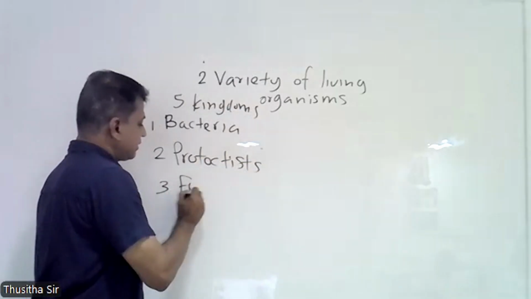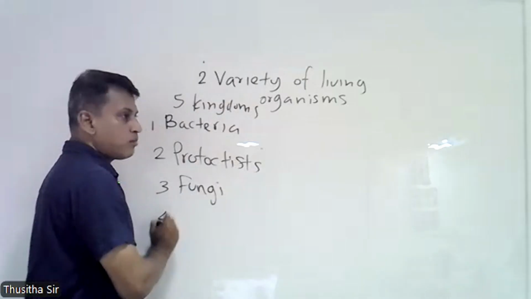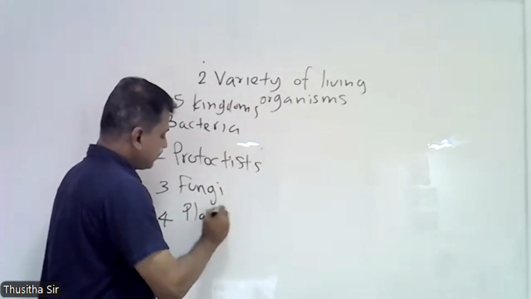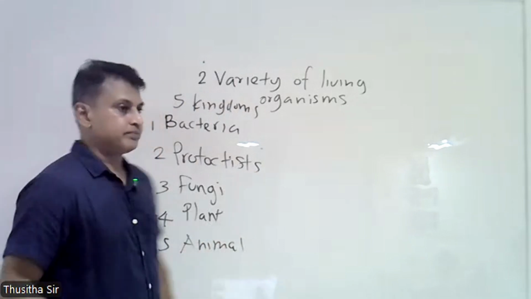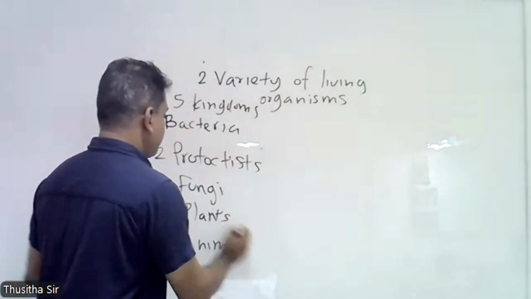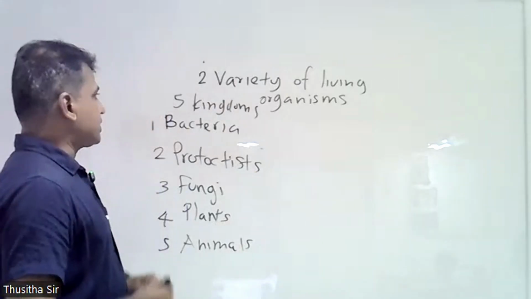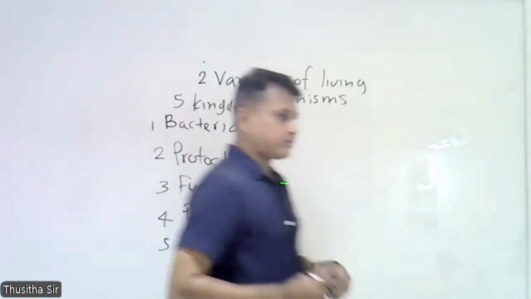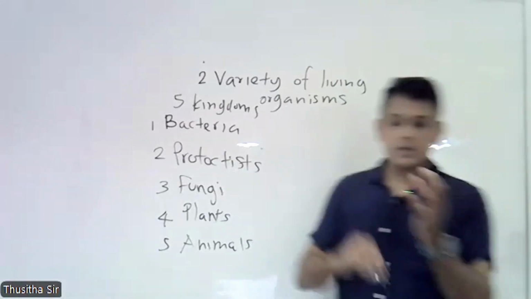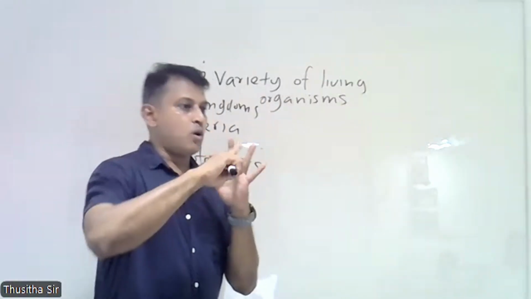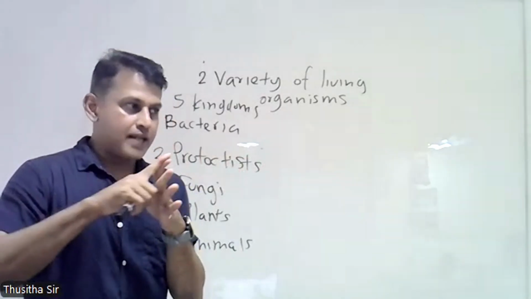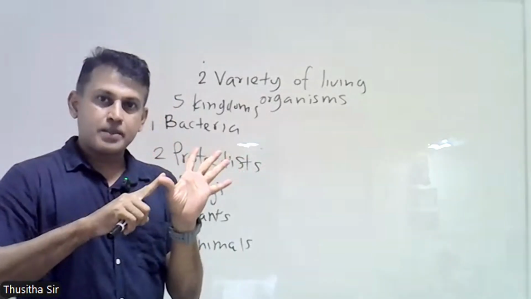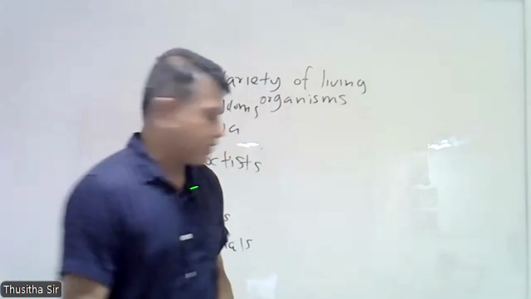Number 3, fungi. Number 4, plant. Number 5, animal. So these are the 5 kingdoms, right? Bacteria, protoctist, fungi, plants, animals. Then again we divide this.